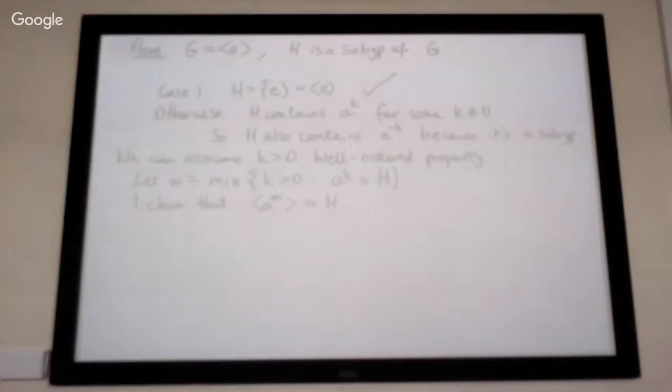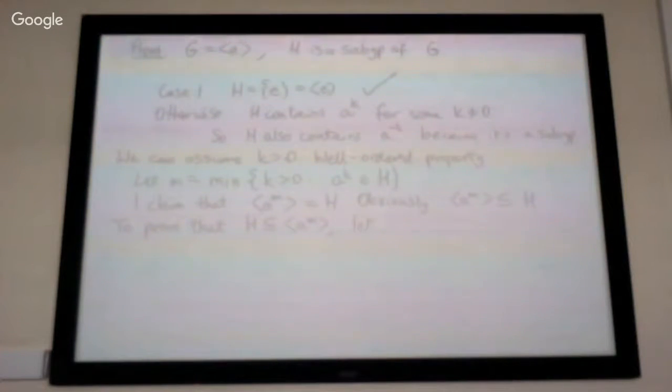So obviously, this is a subset of H. We need to prove the other inclusion: that H is also a subset of the subgroup generated by A to the m.